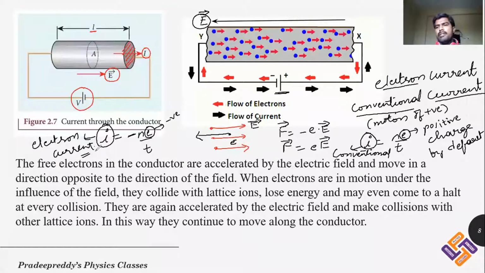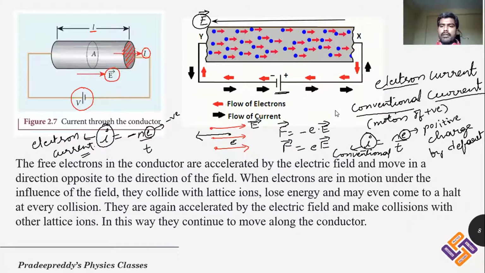Now you have got difference between electron current and conventional current. Remember that electron current is produced due to motion of electrons, which are negatively charged particles. Conventional current is opposite direction to that of the electron current. Generally, whenever we consider current in the electric current chapter, it is conventional current. We will not be always taking negative charge minus E everywhere in the equations.